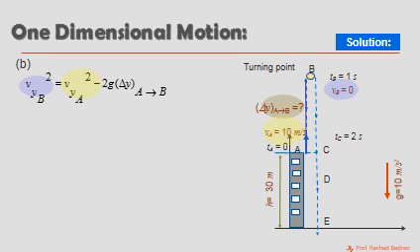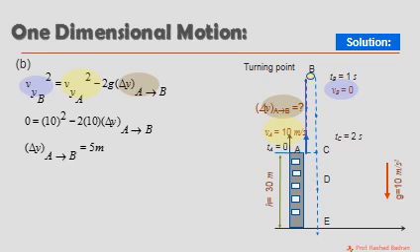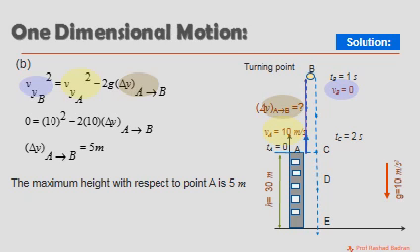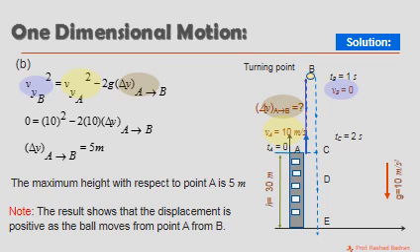Then we get delta y, which in this problem is 5 meters, and it turns out to be positive as expected because the ball is going upward. So the maximum height above point A is 5 meters, and this result shows that the displacement is positive, as I said before, as the ball moves from A to B.